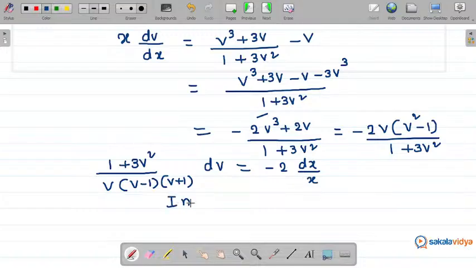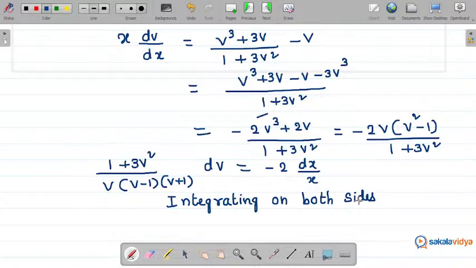Integrating on both sides. So integrating on both sides, what do we get? So my dear students, what do we get? Let us see.